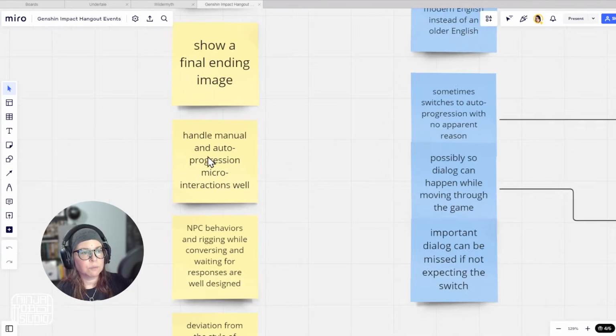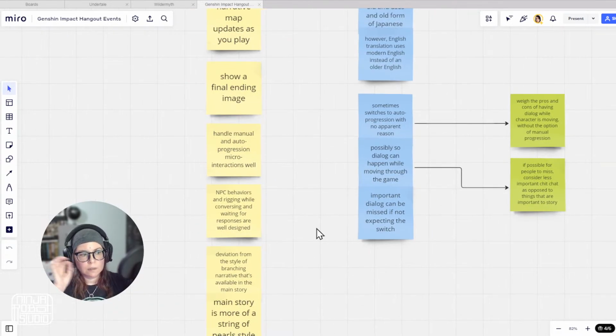And then it handles manual and auto progression micro interactions well. I mentioned that they give you the option. It defaults to manual progression, and then you can switch it to auto progression if you want to, but there are some benefits of the micro interactions for manual progression that actually make it faster if you want to go through again later.